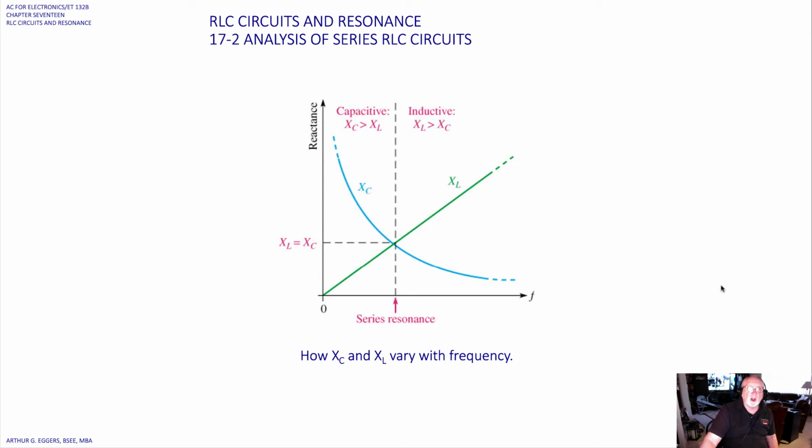So when we start to look at the relationship of X sub C to X sub L, we have a point in here that we're going to be concerned with, which is called the series resonance.